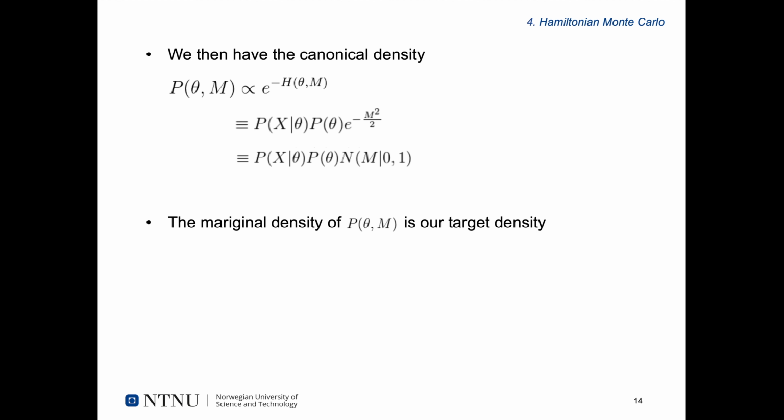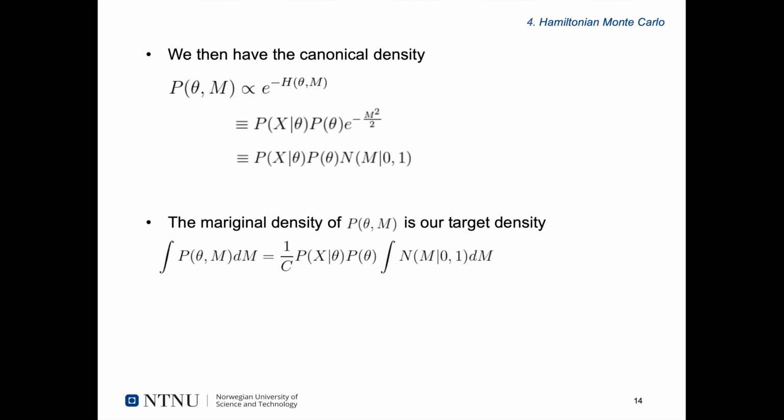In a second, we will see the marginal distribution of P of theta and m is actually our target posterior distribution. So if we integrate P of theta and m with respect to m in order to marginalize the joint density, it turns out we only need to integrate the standard normal density, and the first part can be moved out of the integral with a normalizing constant c.